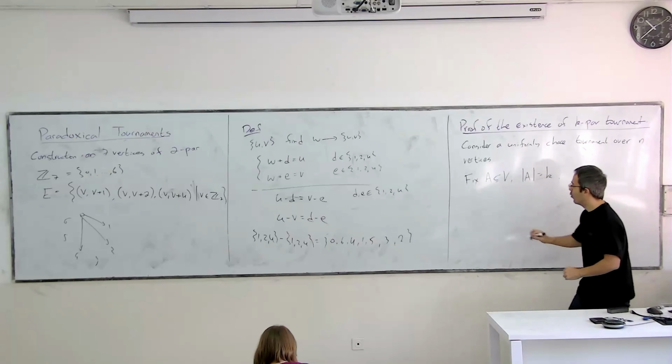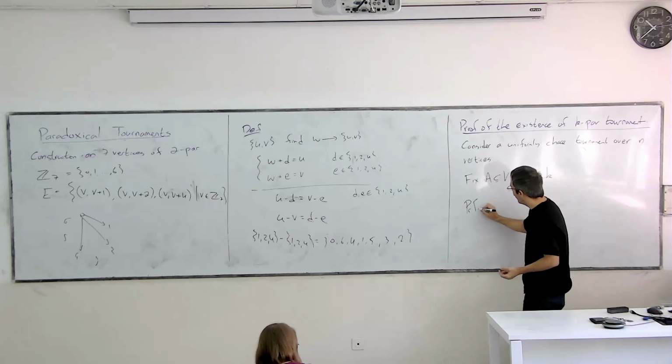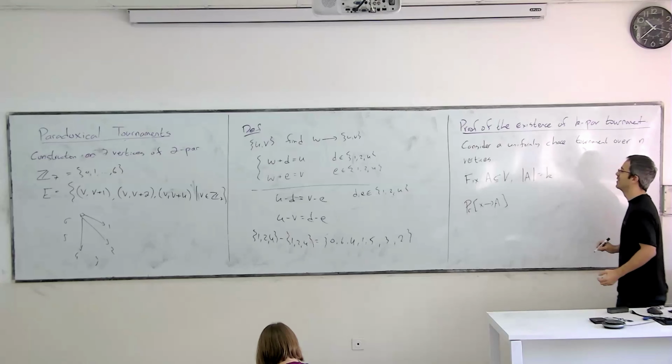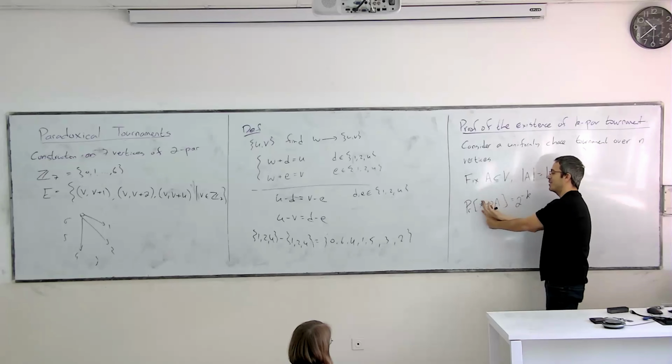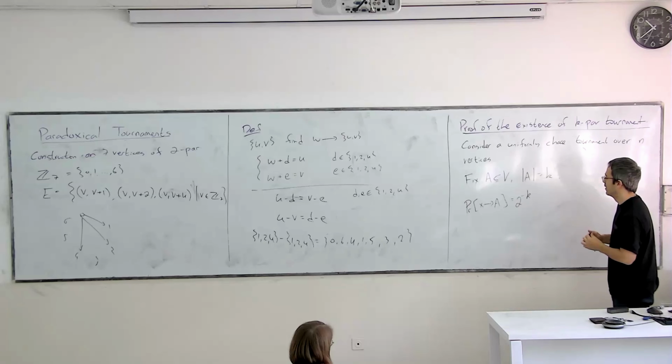Okay. So now, what's the probability that a specific x, like I chose an x, is fine for it? Everything's good. Exactly. Because every edge between x and every element in A is oriented either this way or that way, so it's oriented in the right way, by independence, with probability 2 to the minus k.